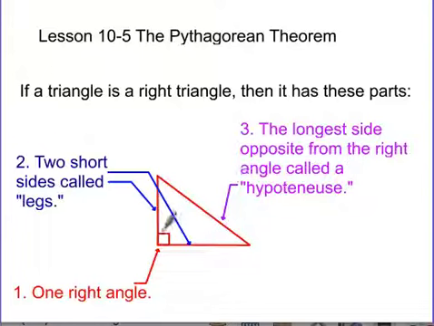But unless it's a right triangle, it doesn't have a hypotenuse. So if you have an isosceles triangle and one side is really long, it's not a hypotenuse unless it's a right triangle. You with me? Okay, so those are the parts of a right triangle that we're going to be talking about today. So now we're all on the same page as far as the parts are concerned.